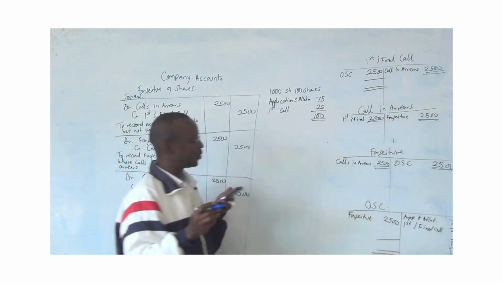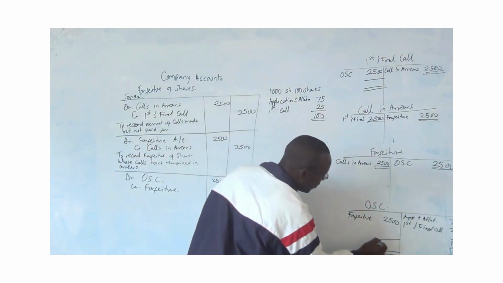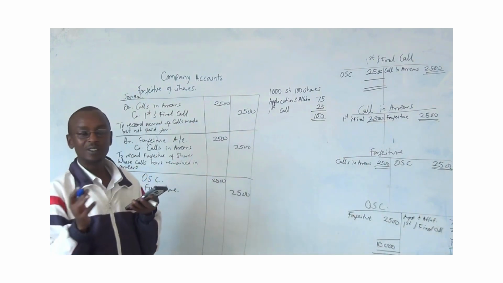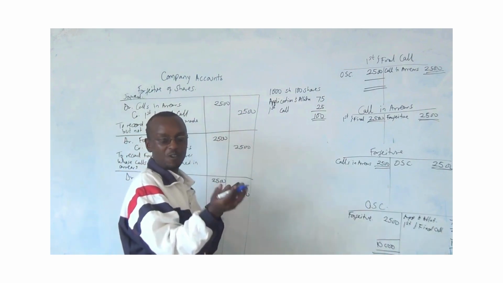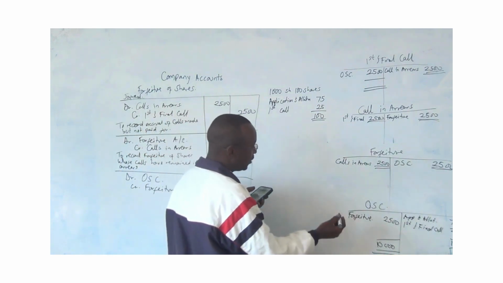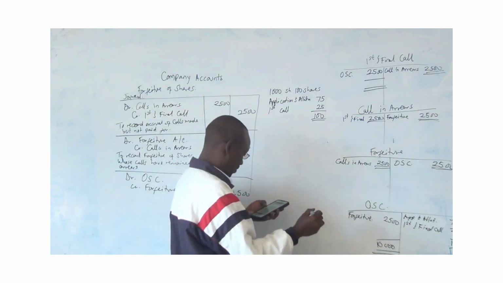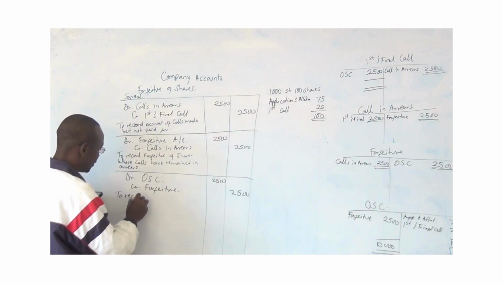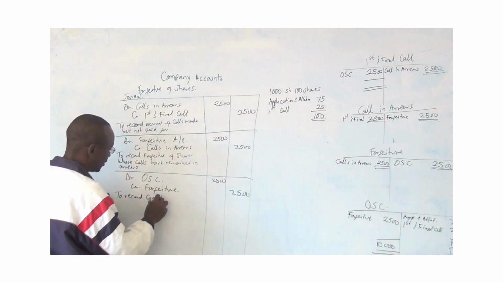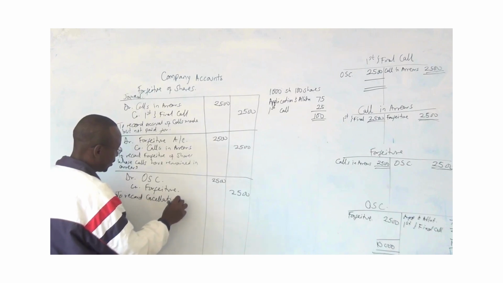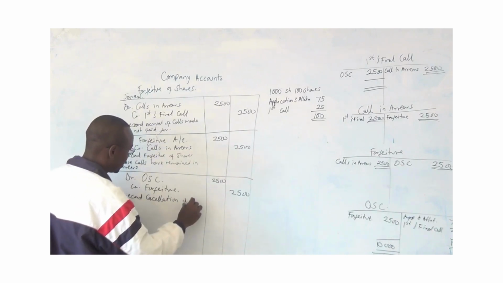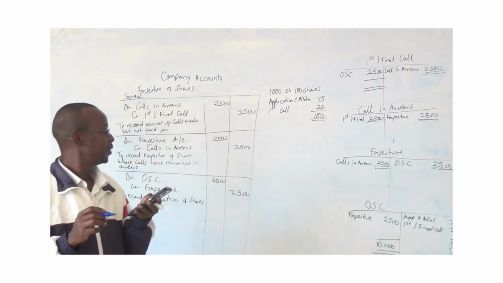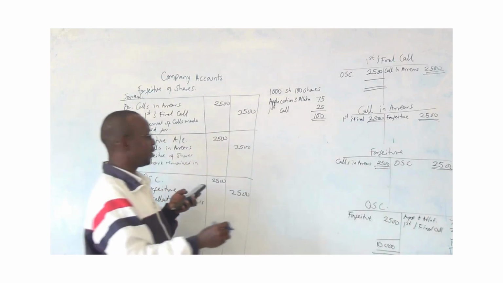The only account that will remain with the balance will be the ordinary share capital account, ambayo inaoneshana there are some shares which are not fully paid for. So we only have 75%. This one is to record cancellation of shares. So this will be our balance now.